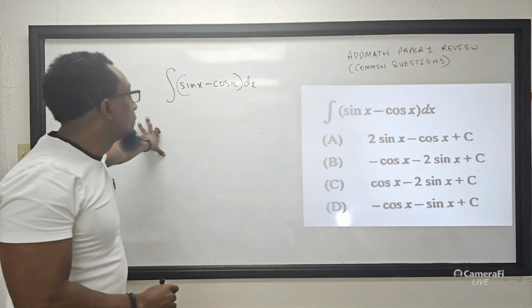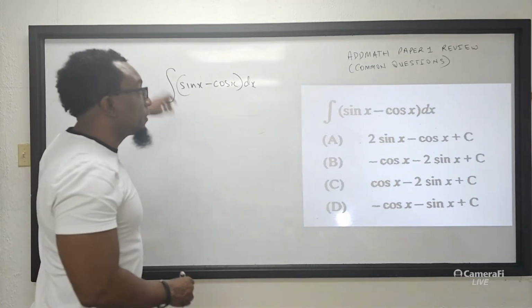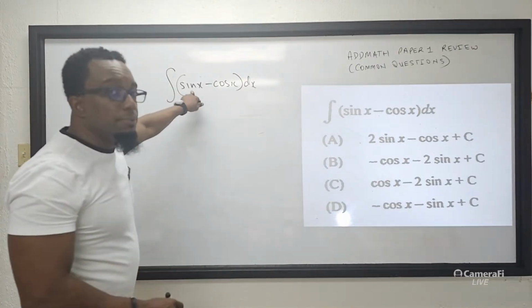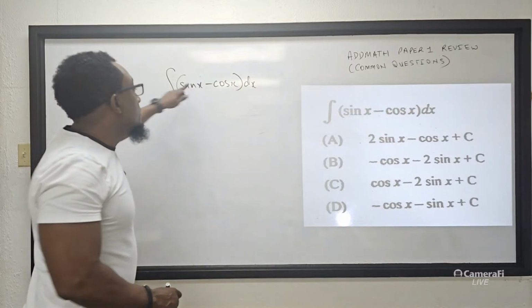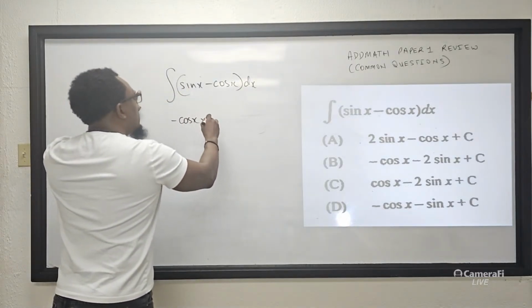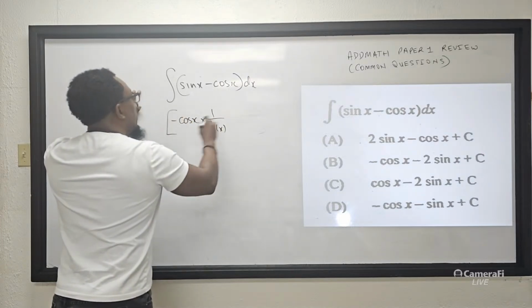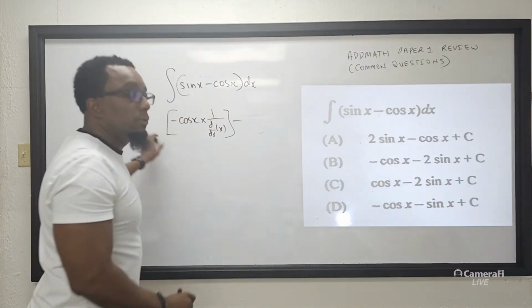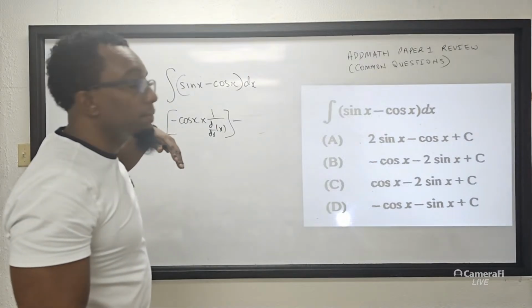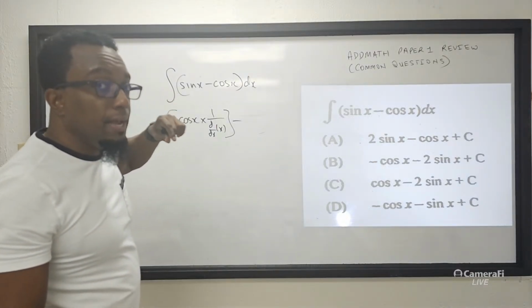So we know the integral, we drop the integral symbol and dx, the integral of sine the angle is negative cos the angle times 1 over the differential of the angle. Very important. Making sure you know we implement that part of it when it comes to integrating. You always multiply by 1 over the differential of the angle.